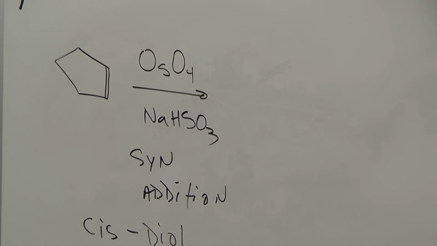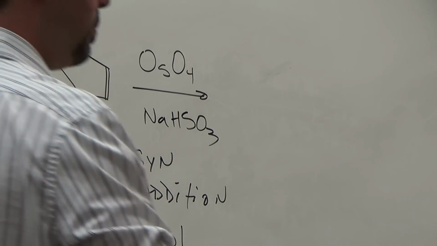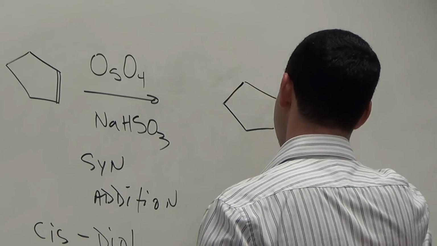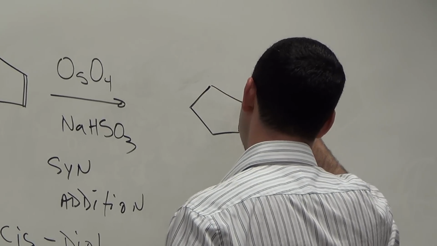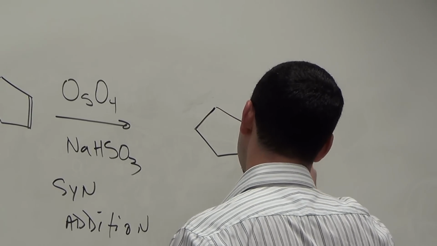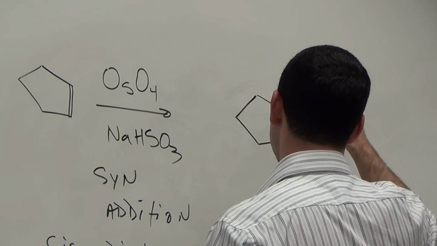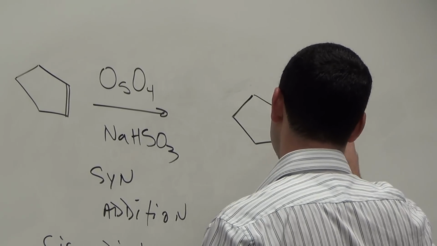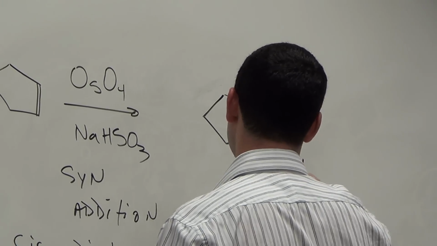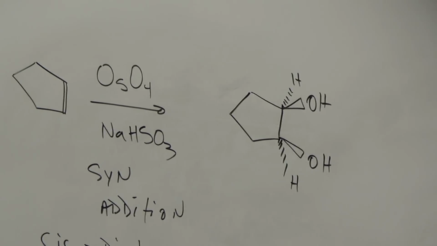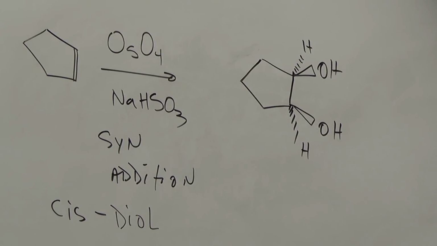And a diol, is it OH? Two OHs. So the product of this would be one OH here and the other OH on the same side. Why do you have to put the cis in front of diol?